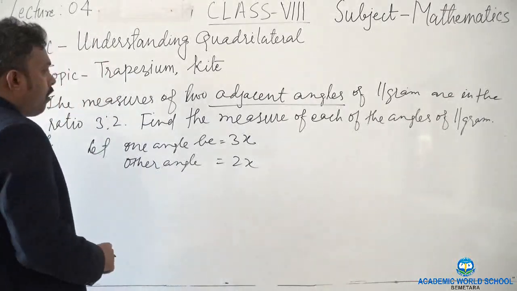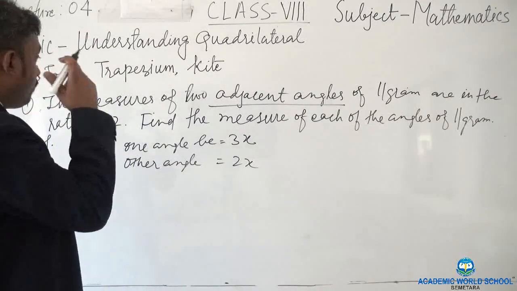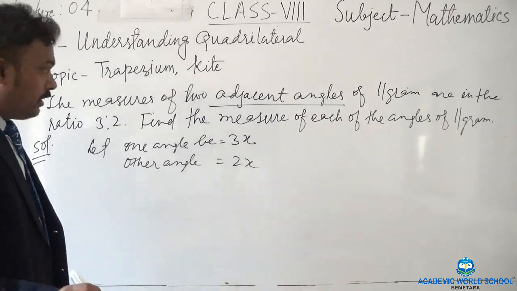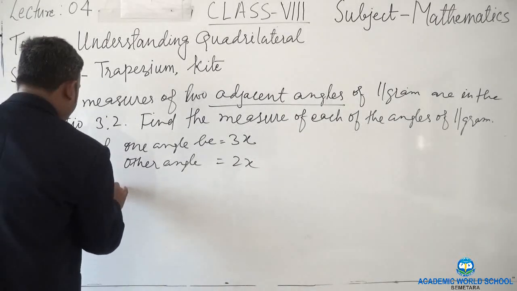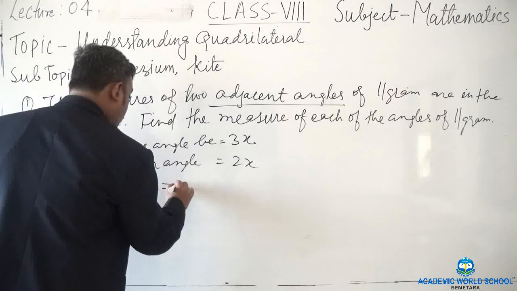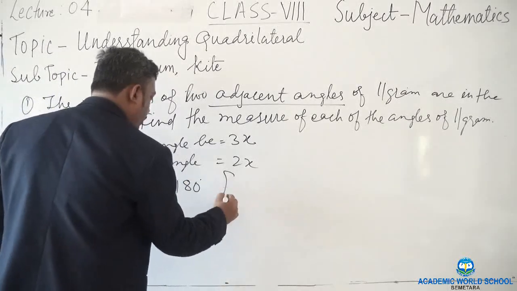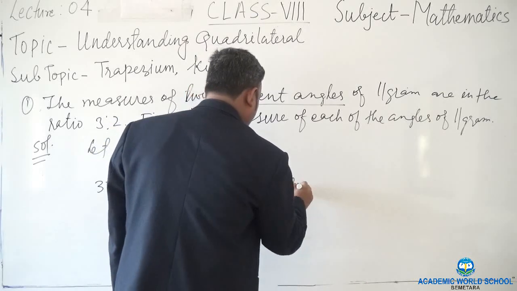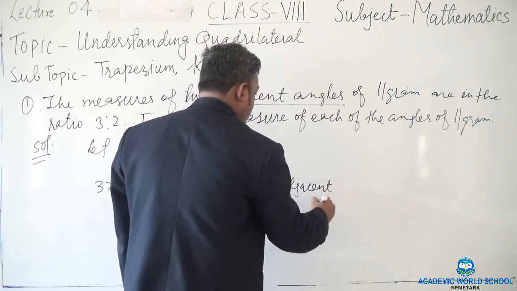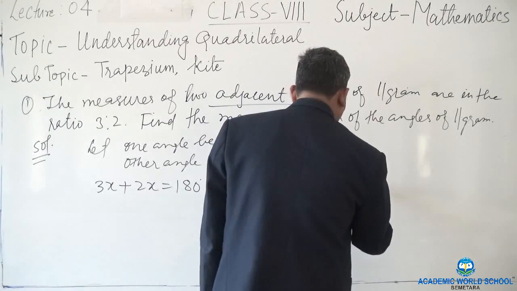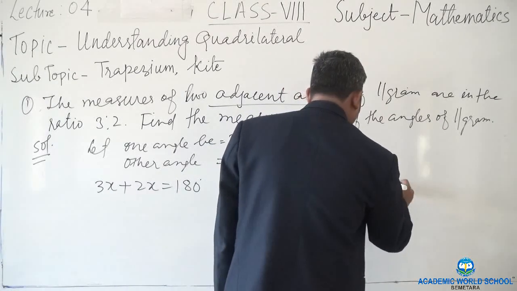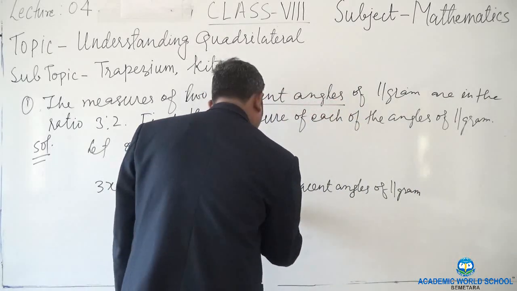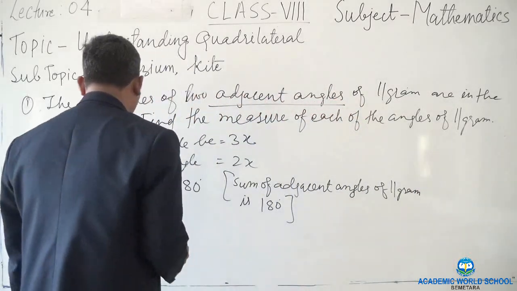Now the adjacent angle property says that the sum of adjacent angles is 180 degrees. So 3x plus 2x equal to 180 degrees.